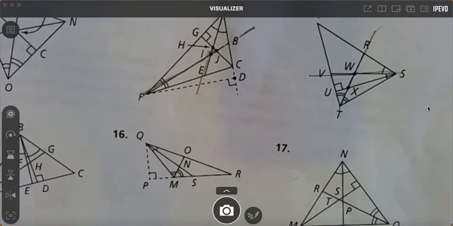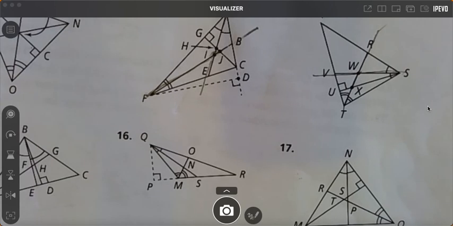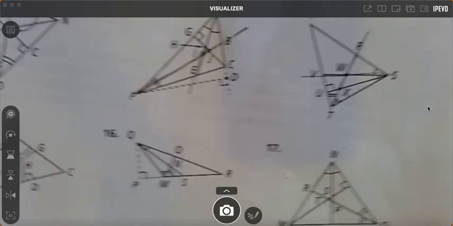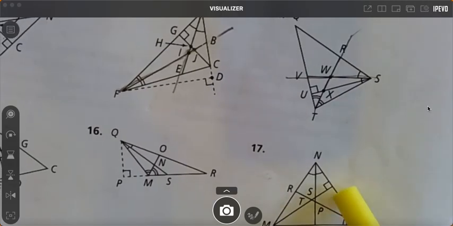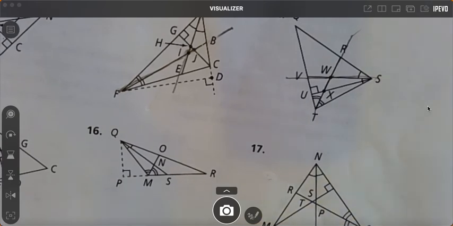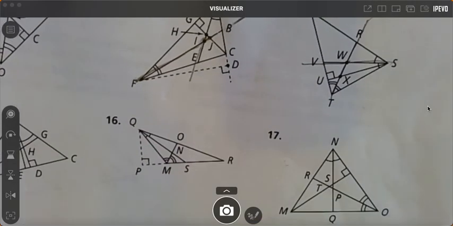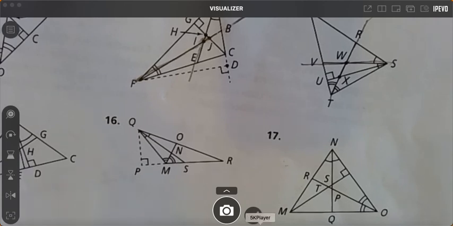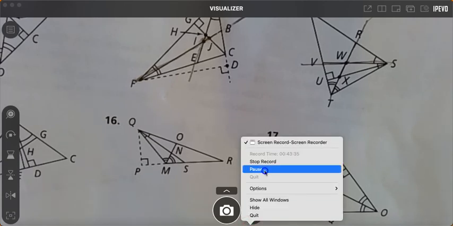S. Maybe. P. P. Yeah. P. Look, because S is this one right here, but it's not an angle bisector because M doesn't have the marks to show that it's an angle bisector.